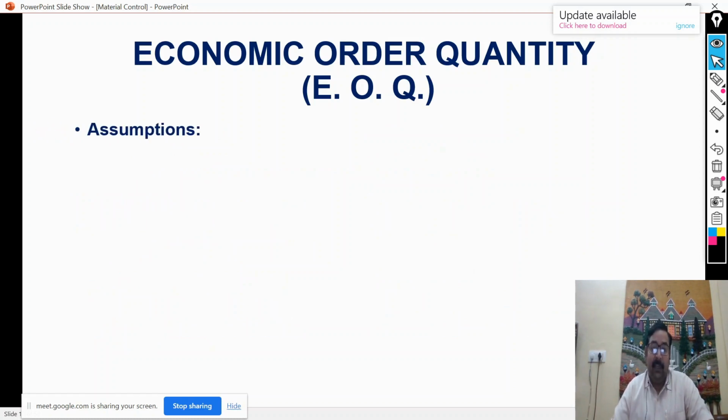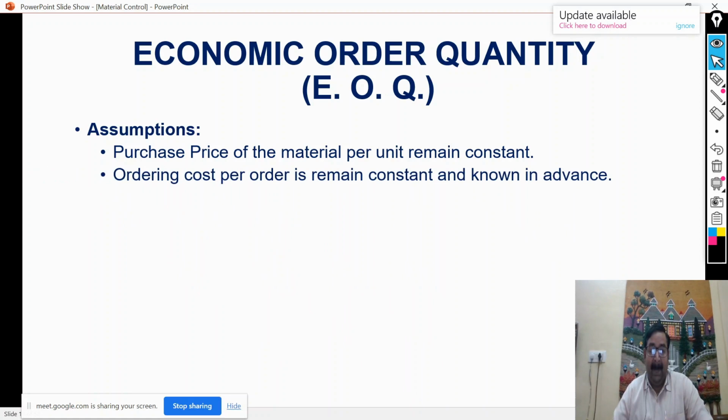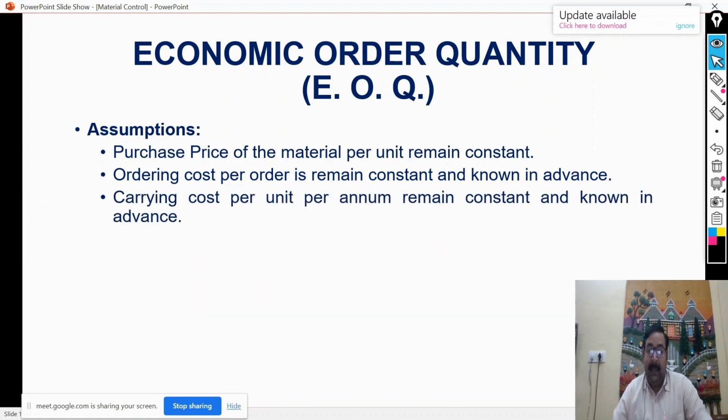Assumptions. There are certain assumptions of economic order quantity. First and foremost, the purchase price of the material per unit remains constant. Second, ordering cost per order remains constant and known in advance. Third, carrying cost per unit per annum remains constant and known in advance.